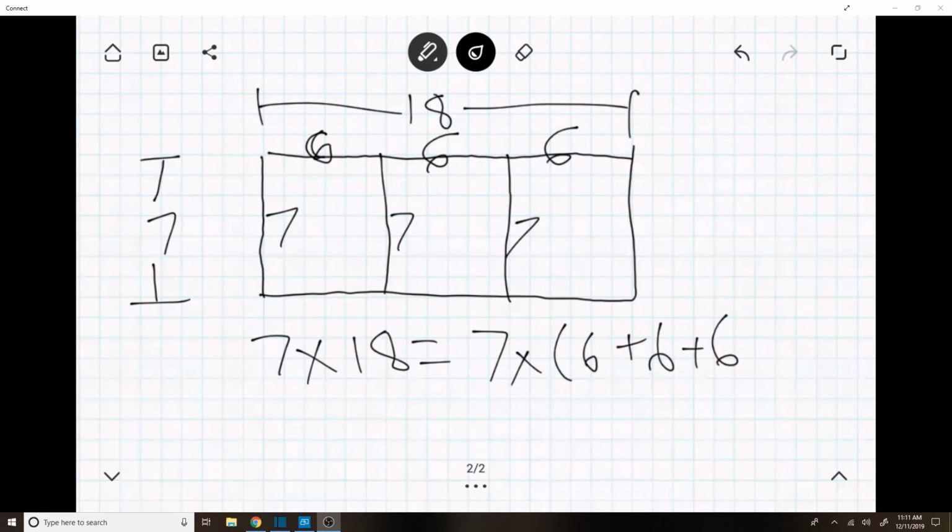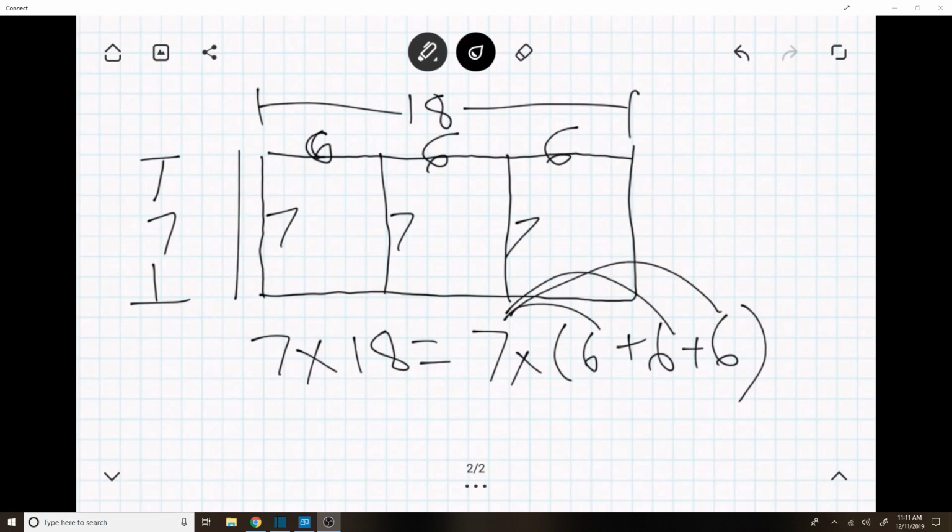So the distributive property is usually taught like, well, this is equal, so if you're going to multiply 7 by 6, you need to multiply it by all of these guys to distribute that edge length. But you can see what you're basically saying is, if I've got this length here, I need to multiply each one of these widths here to get the total area.